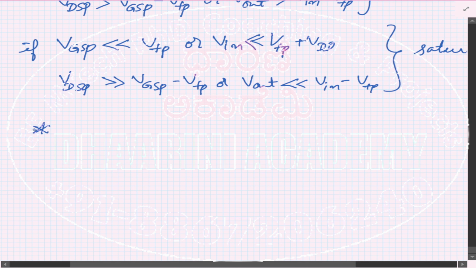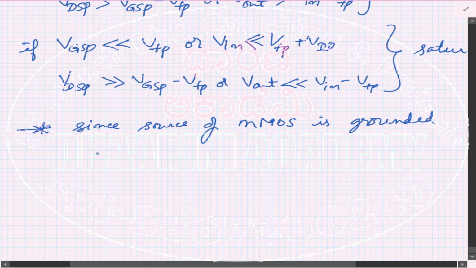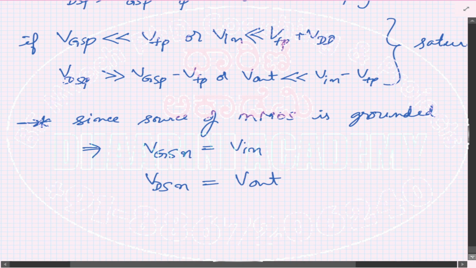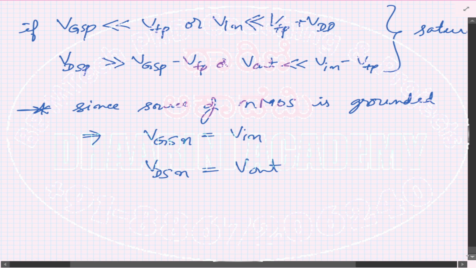In the given circuit, since the source of the n-type MOS is grounded, this implies I can write V gate to source of the NMOSFET is equal to V in, and V drain to source of the NMOSFET is equal to V out.